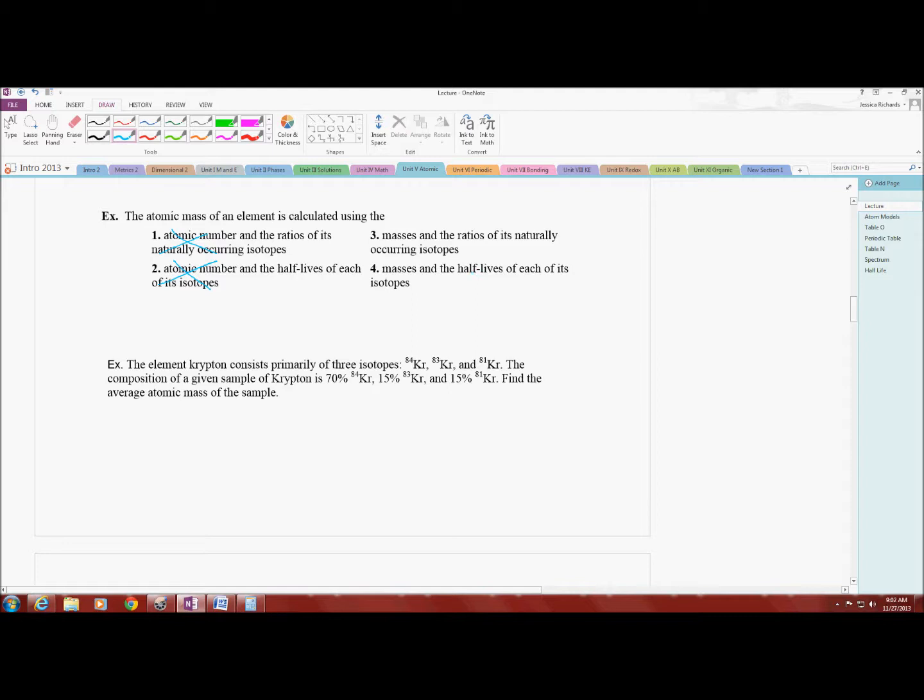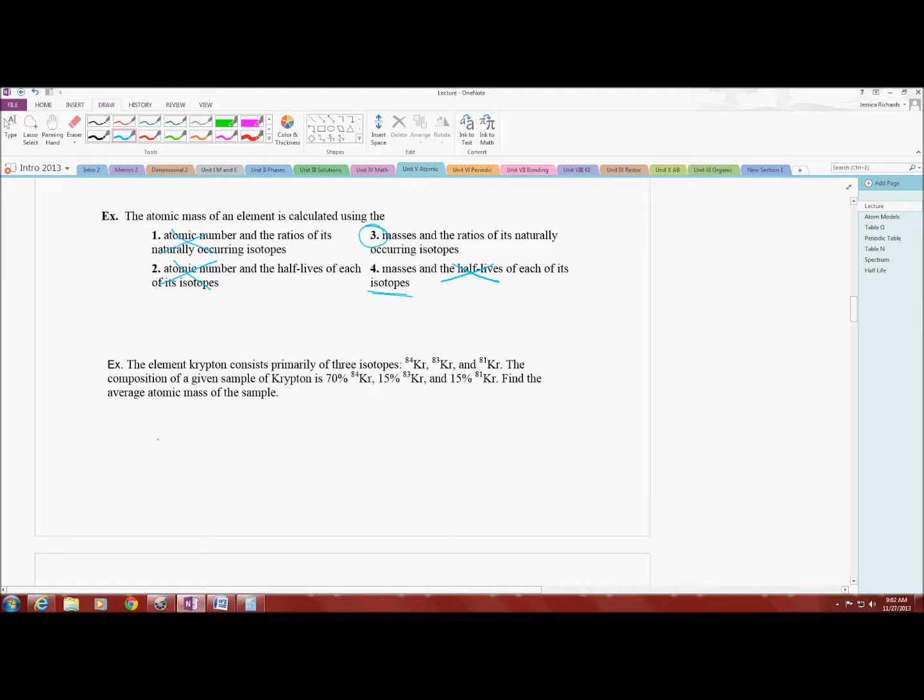Right now it's pretty simple because we haven't talked about half-lives yet, so half-lives must be wrong. And it's a little tricky because they use the term isotope here, but look for other keywords. So it's not going to be half-lives, masses, and the ratios. You kind of have to memorize that. That's going to be your answer. This is typically how they're going to ask you about the atomic masses in a multiple choice question.